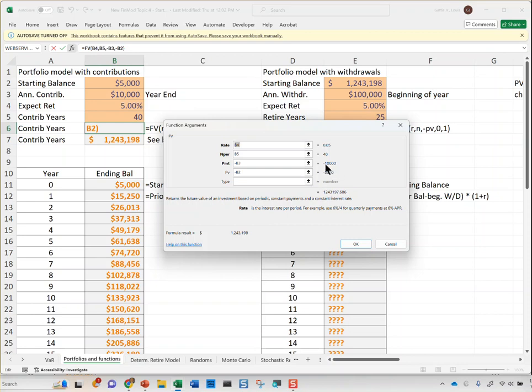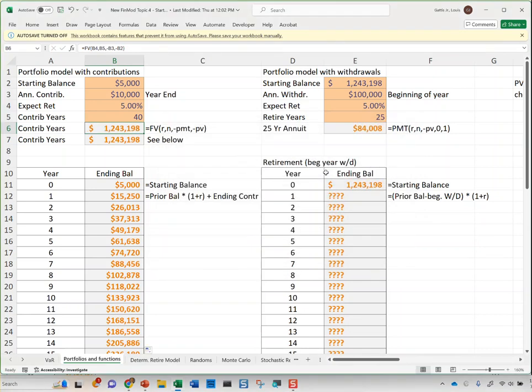If I didn't put the negative 10,000 and negative 5,000, the future value would have given me a negative future value. So the FV and PV functions are thinking about outflows and inflows. So if I put money into a portfolio, that shows as an outflow, and then the future value is a positive number. So I could have done it that way.